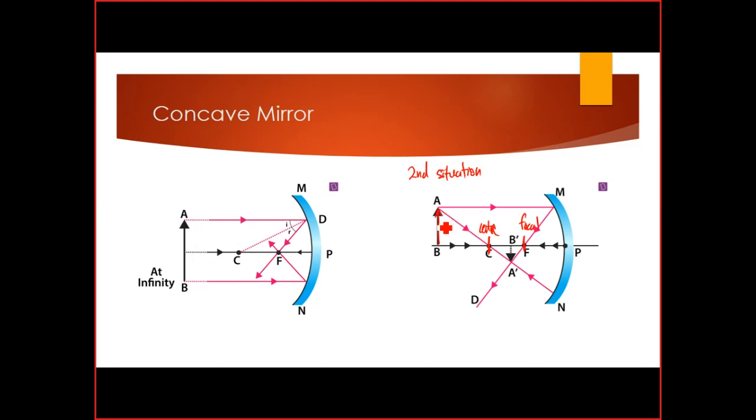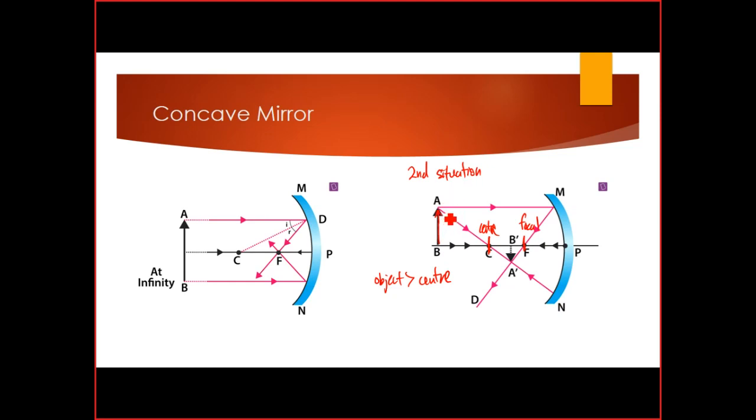What is this location? This location is where the object is more than the center, meaning the object is further than the center location. So this is our object.